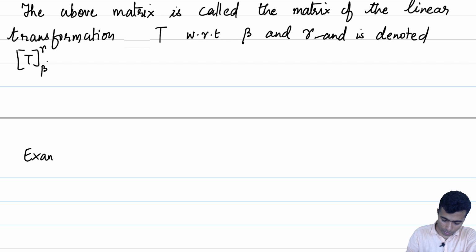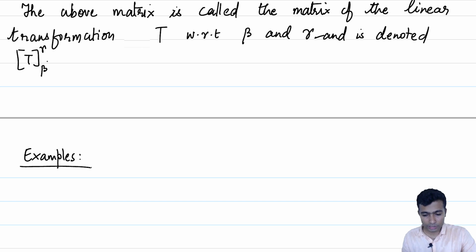It will be a good exercise to go back to our various examples of linear transformations. Pick your favorite basis on the left and a favorite basis on the right, or in other words, a favorite coordinate basis of your domain and a favorite coordinate basis of your range, or rather the target vector space, and compute the matrix of the linear transformation with respect to the various bases you pick.